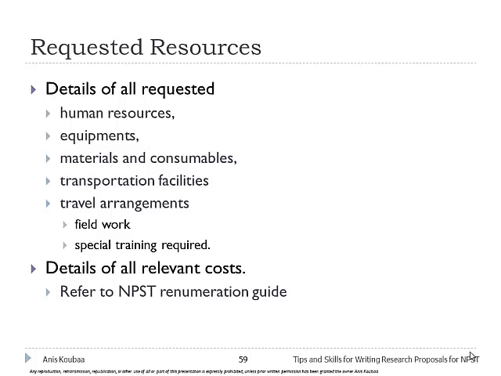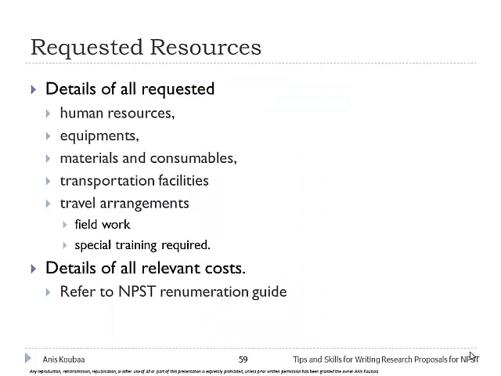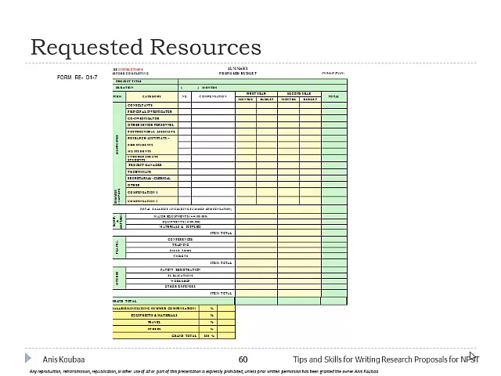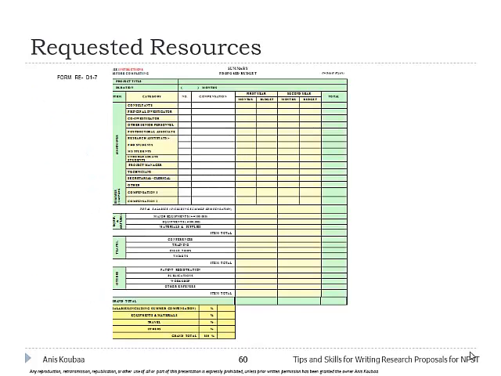Detail of all requested human resources, equipment, material and consumables, transportation facilities, travel arrangements. The most important thing here is the equipment, the resources that you will need to run the project. This is the budget request form for human resources and also for equipment and transportation for attending conferences.